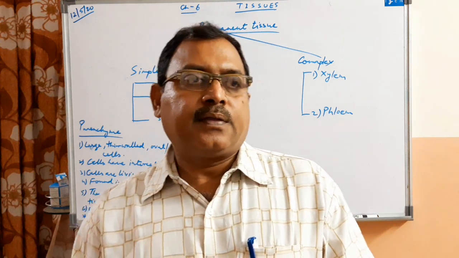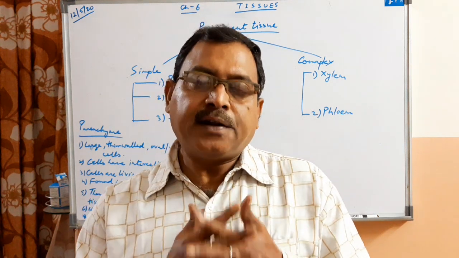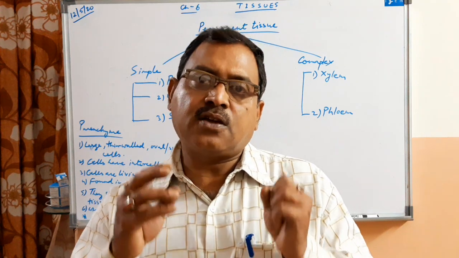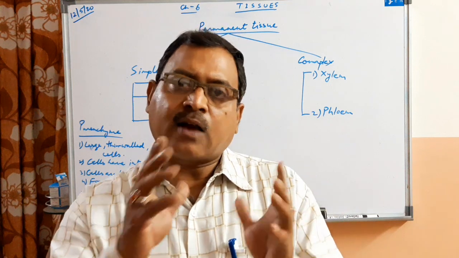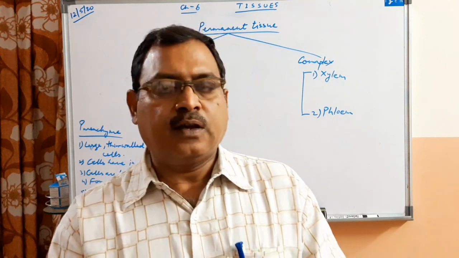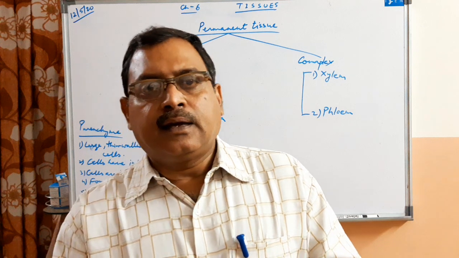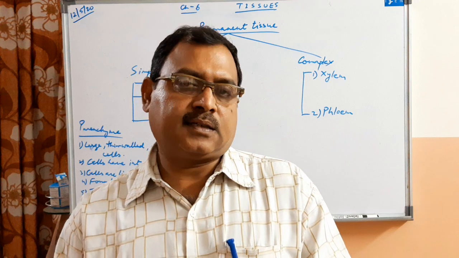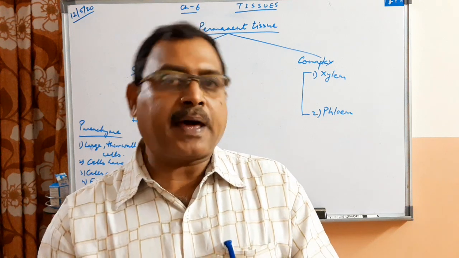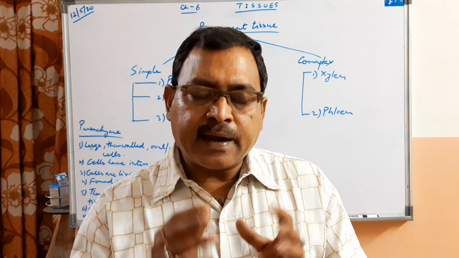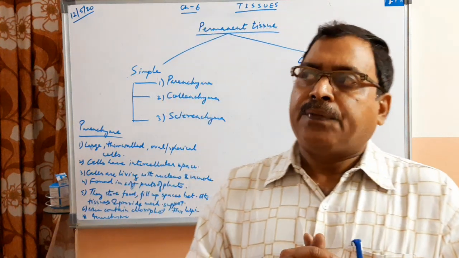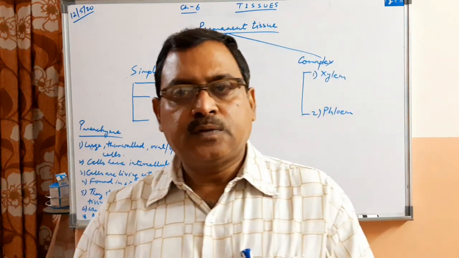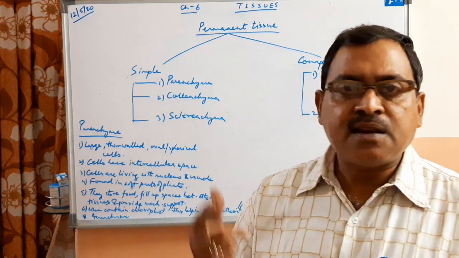So the cells of permanent tissue stop dividing, then they attain a specific size, shape and acquire a special type of function. So as I said, in plants permanent tissues are of two types. One is simple, another is complex. In simple tissue, the first is the parenchyma. Now in parenchymatous tissue, the cells are large, thin-walled, oval or spherical in shape.